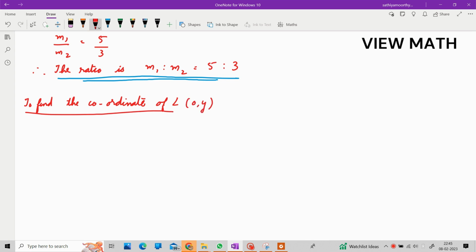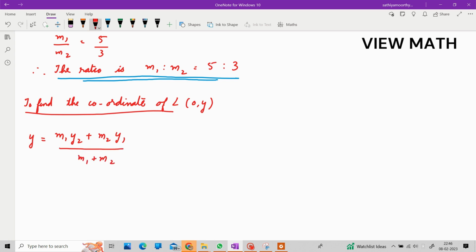So the x coordinate I know, the y coordinate I need to find out. So I am going to use the section formula for y. y is equal to (m1 y2 plus m2 y1) by (m1 plus m2).